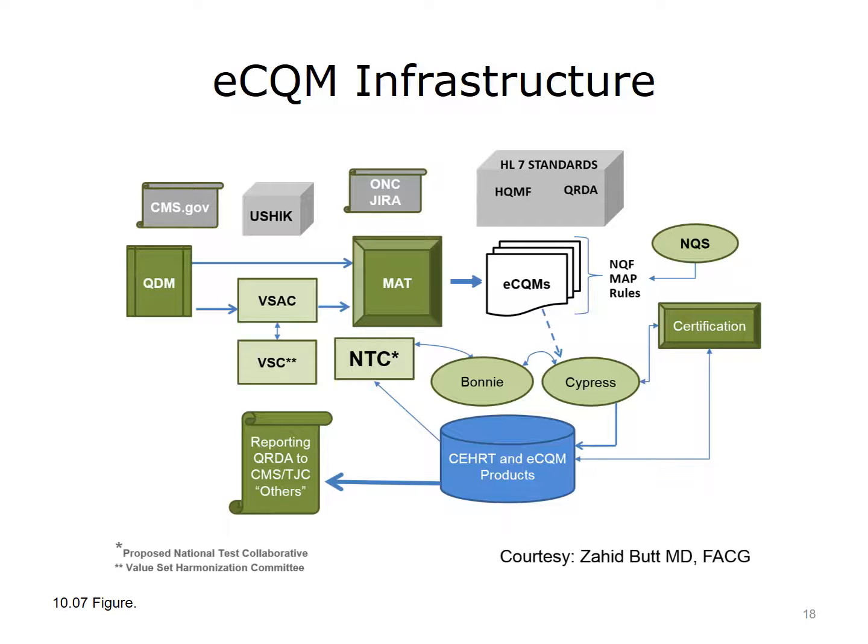MAT, Measure Authoring Tool, is the primary tool used by measure developers to create HQMF-based eCQM specifications. VSAC, the Value Set Authority Center, is hosted and maintained at the National Library of Medicine, NLM. It contains all versions of value sets used in eCQMs.